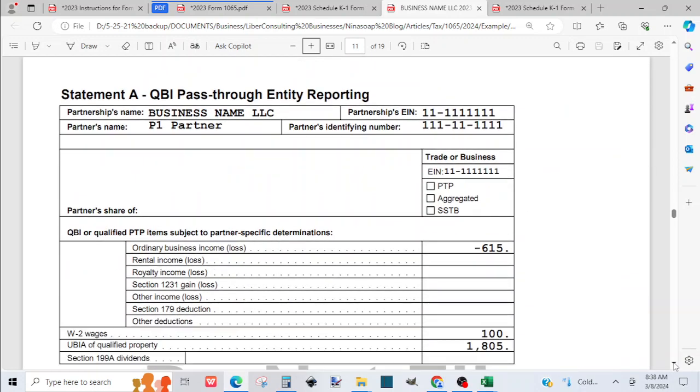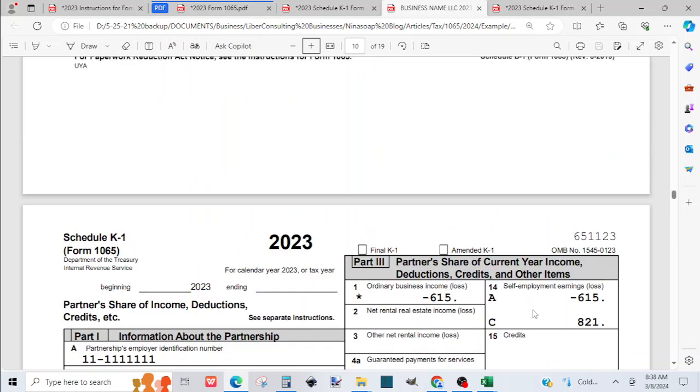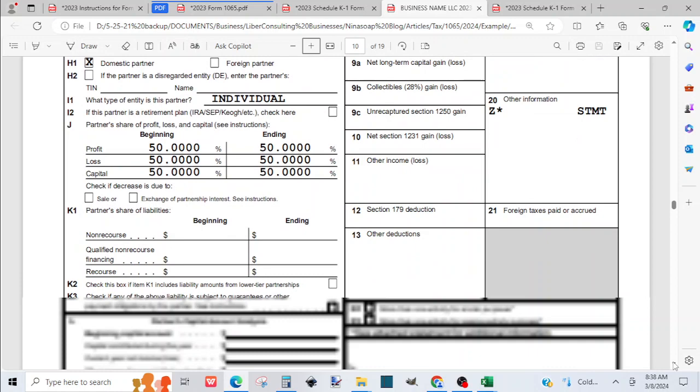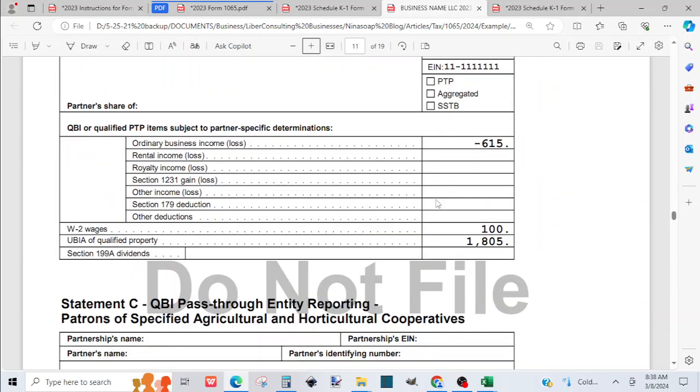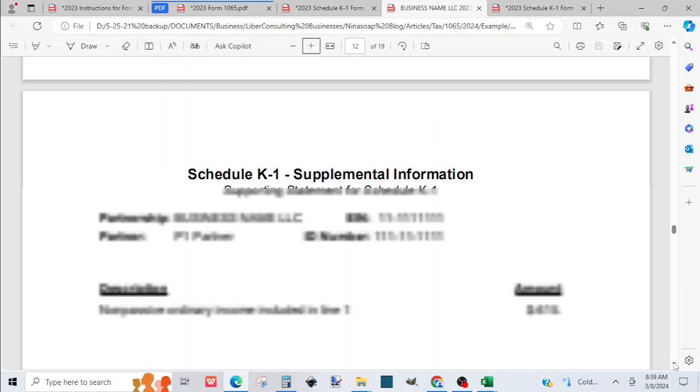We'll go to the QBI. So QBI for partner 1, you can see, is using the partner's portion of the loss or ordinary income or loss. It is using half of the W-2 wages, and the portion of the asset that qualifies for the property, the UBIA, the partner's portion.